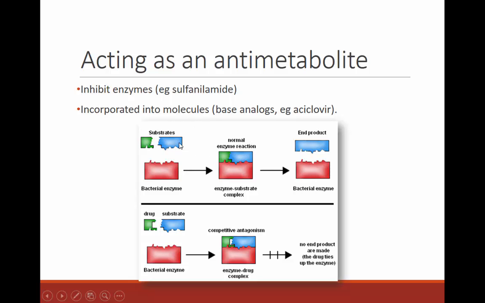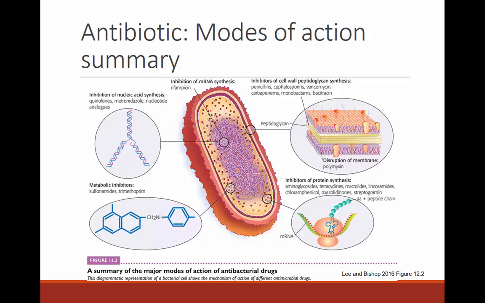So if you've got a drug or a substrate, it will compete for a particular site, and then you don't get an end product. And if that end product is a protein, it won't be made, or if it's DNA or RNA, it won't be made, or it will be nonsensical. Okay, so you stop that being produced.